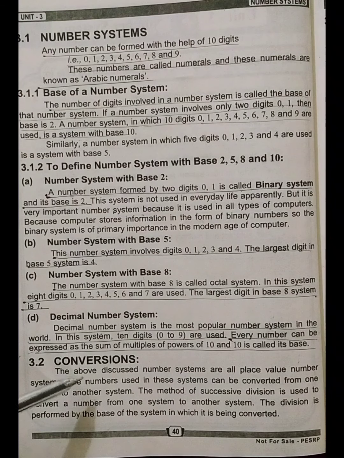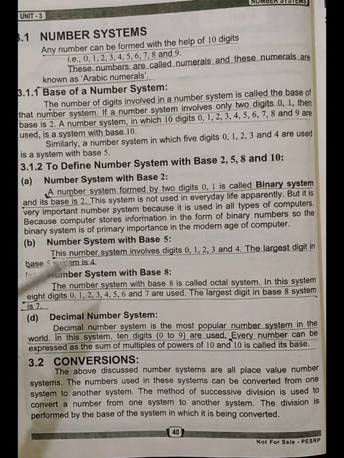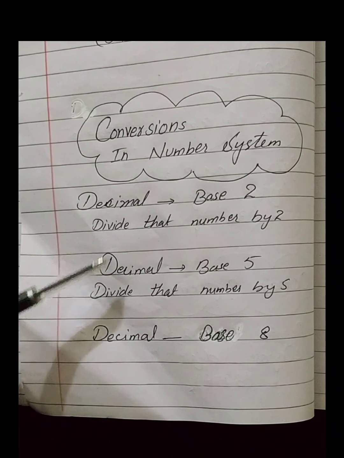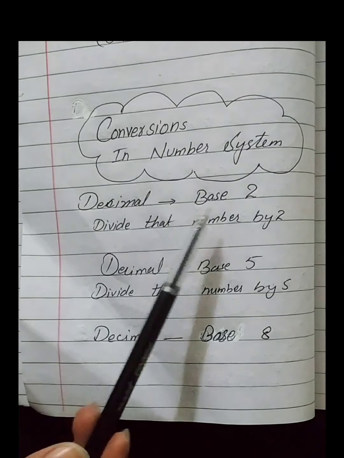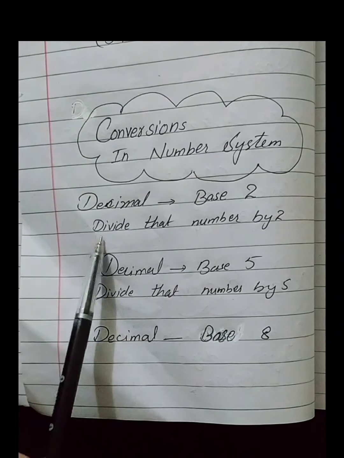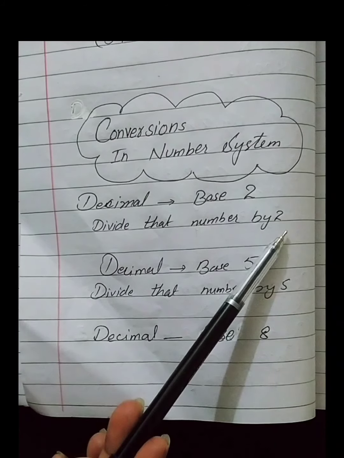The next topic is conversion. Conversion means converting one system to another system. So we have 4 number systems. When we convert decimal to base 2, we divide that number by 2.